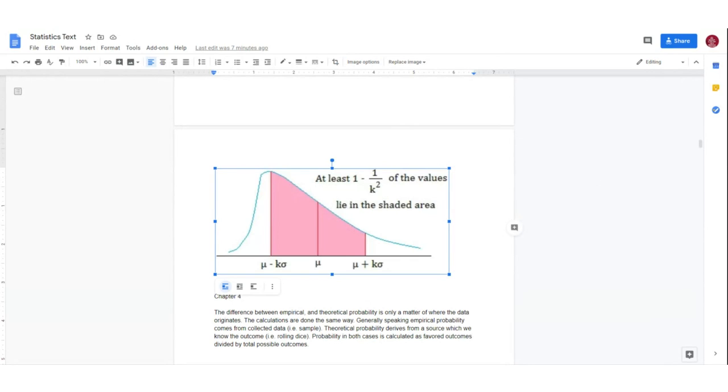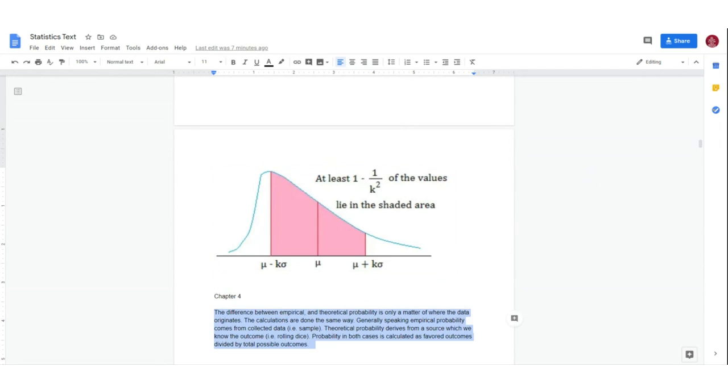Then you have that formula, or you can just remember 75 and 89. Either way, if you're told at least how much data is in between these two values, if it's two standard deviations, you would use 75. If it was 3 standard deviations, you go to 89.